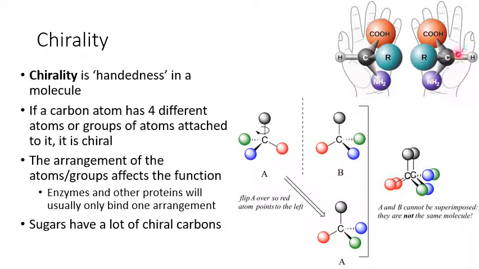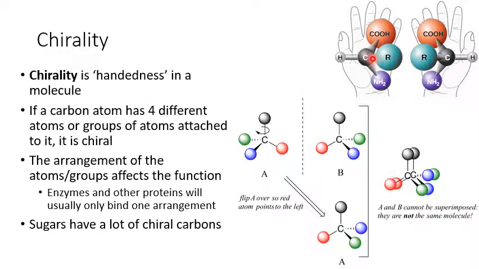And you can also see that up here with the amino acids. These are both basic representations of an amino acid. In the middle you have your alpha carbon. Coming off of it you have your carboxyl group, your amino group, a hydrogen atom, and the side chain of that amino acid.